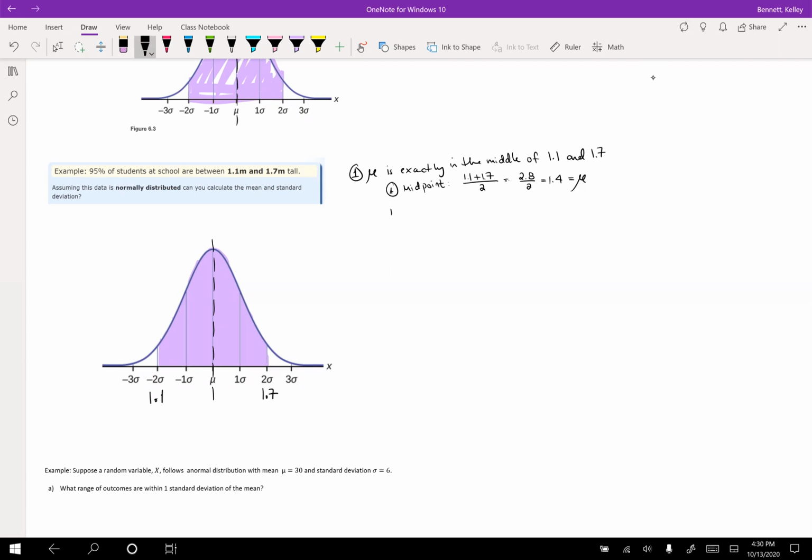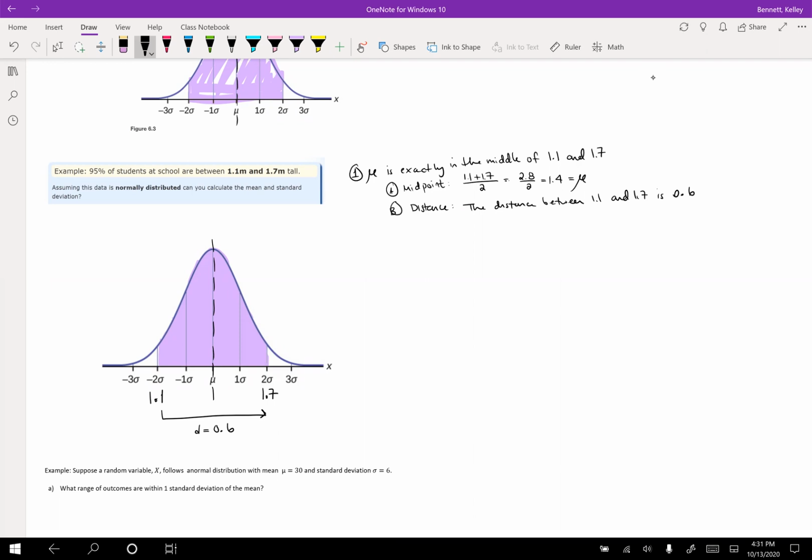The other thing I can do is use the idea of distance. If I want to go from 1.1 to 1.7, I have to add 0.6.